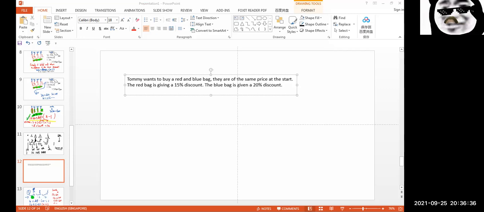And then if Tommy buys the red bag, he needs $2.5 more.